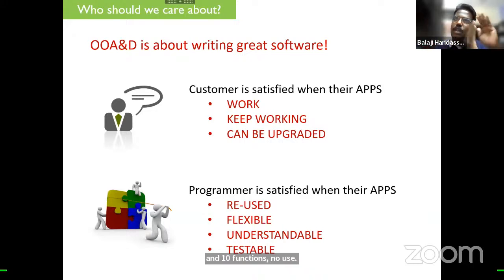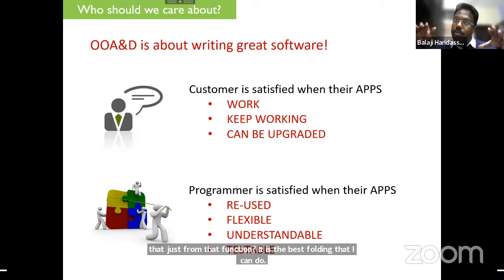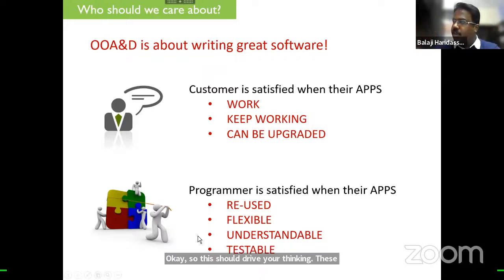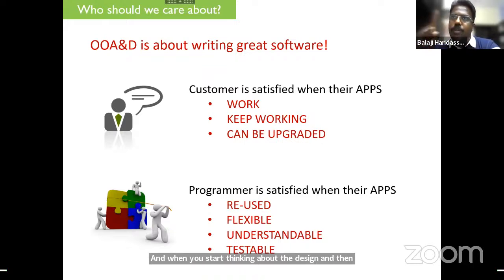But if I do a change and it is enough for me to check that function, it is the best coding that I can do. So this should drive your thinking. These points should drive your thinking to see which design can help this. And when you start thinking about the design and then change that design, at one point you would have ended up with a solution satisfying all these things.